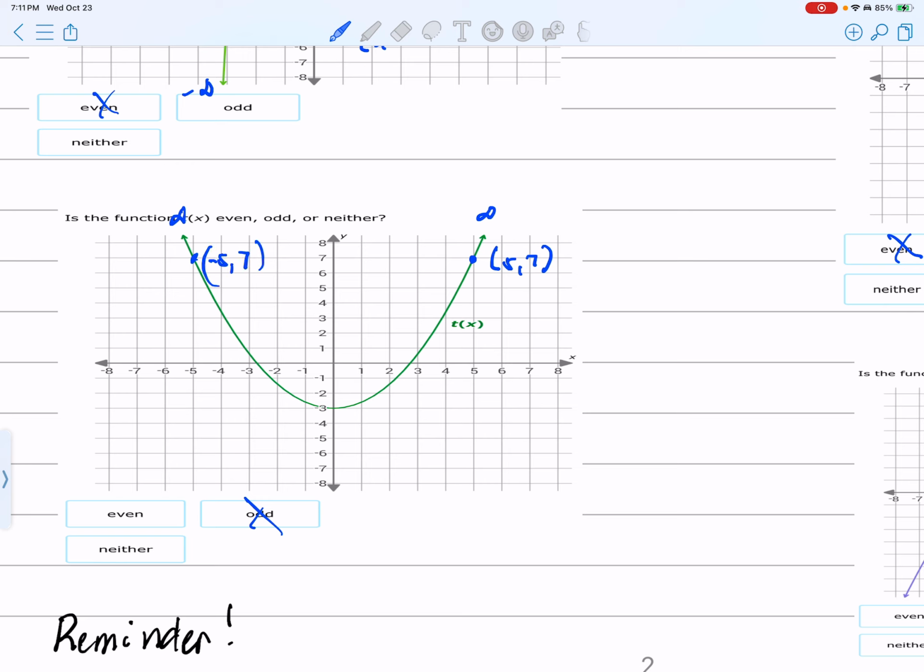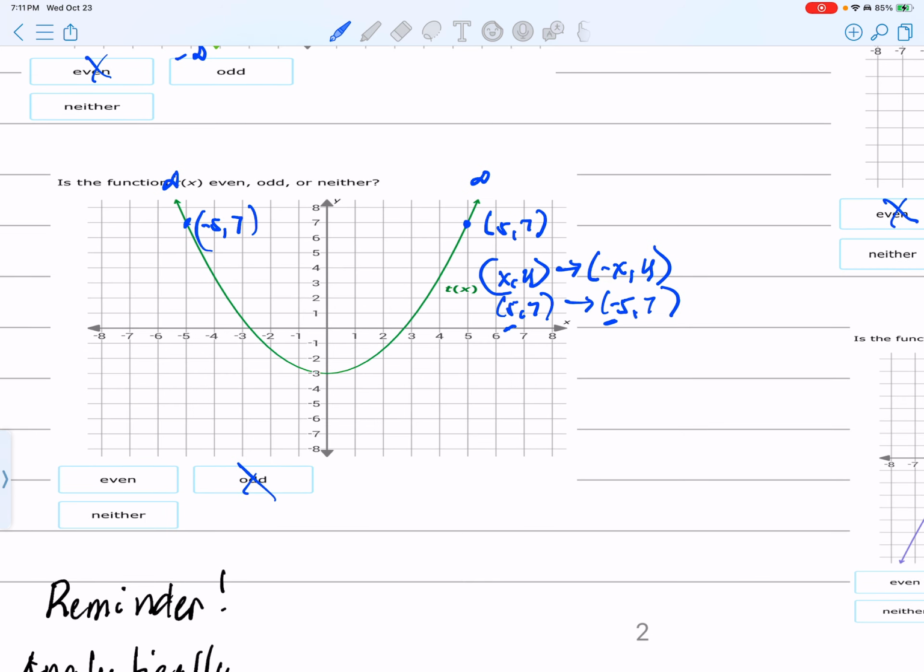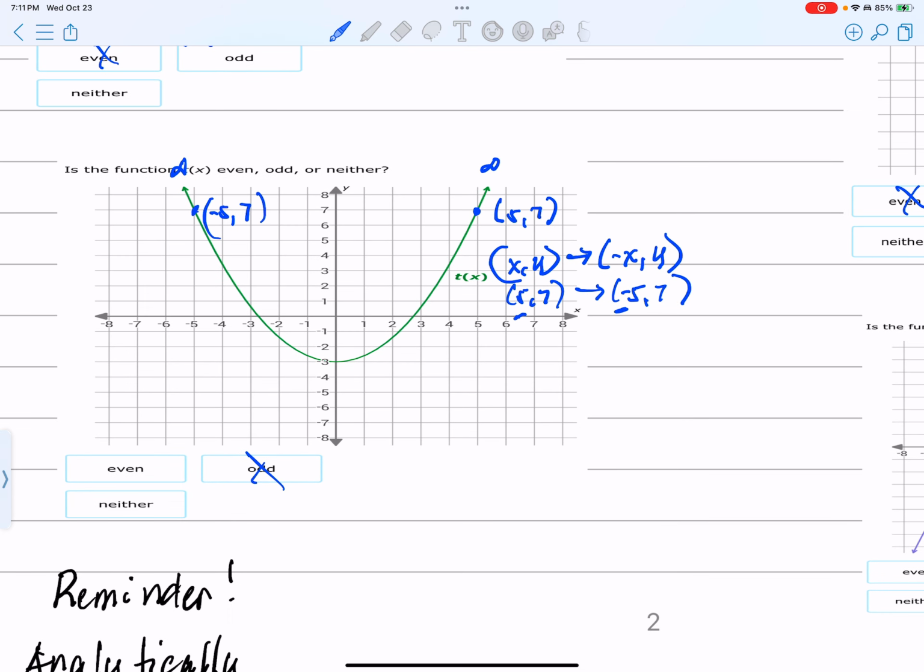That goes with the rule that xy maps to negative x, y. If my 5, 7 maps to negative 5, 7, see, only the x changes. So when you fold the figure, it is very symmetrical to the left side. That means this is an even function. Okay.